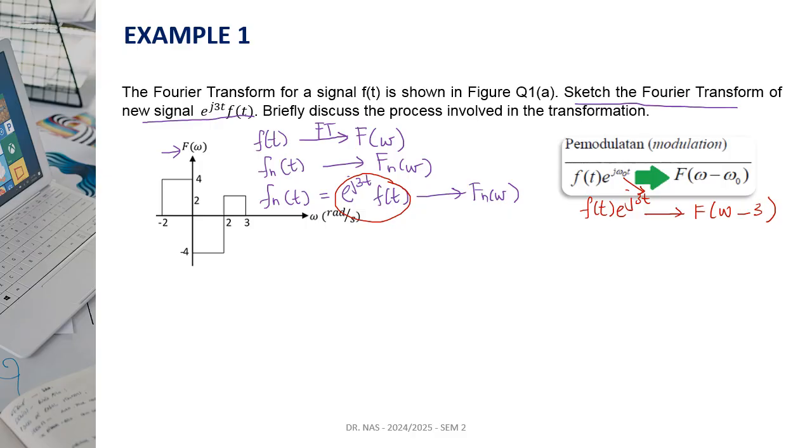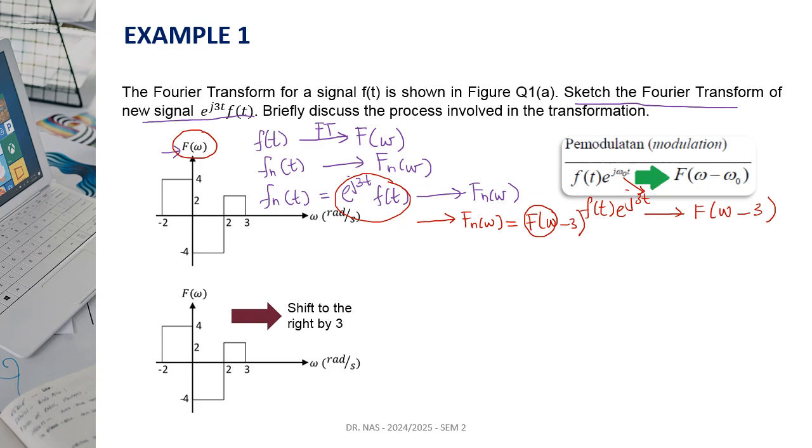So now you know that f_n(t), equal to the given equation, will produce F_n(omega), which is equal to F(omega minus 3). What is F(omega)? F(omega) is the given signal. So you can transform the original signal F(omega) into a new form F_n(omega) by having the signal in the frequency domain shifted to the right by 3.